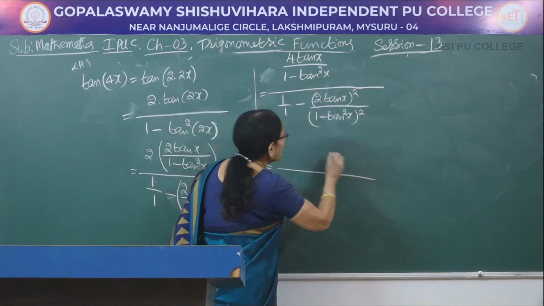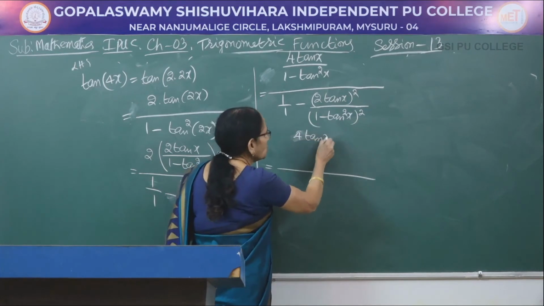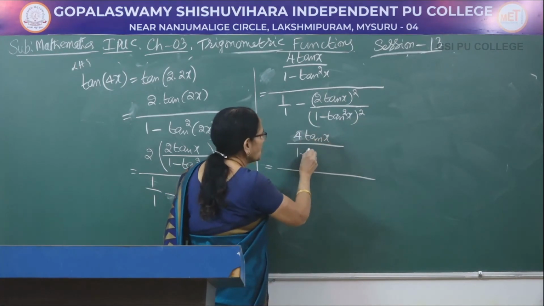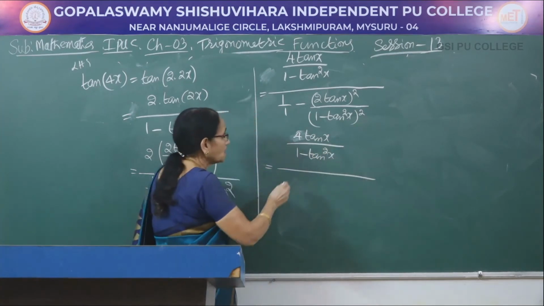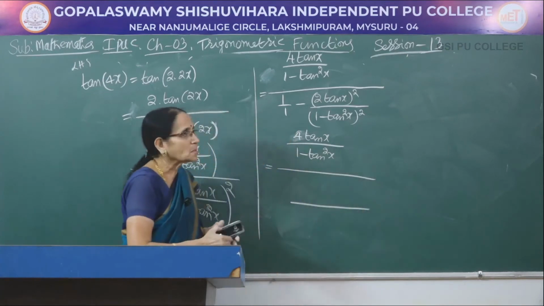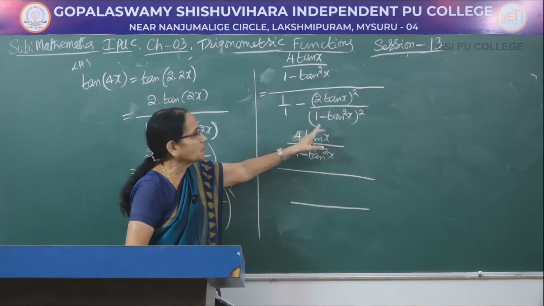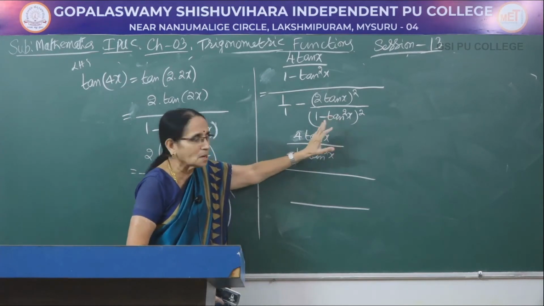So, write the numerator as it is. At present, we don't have any change. It is 4 tan x divided by 1 minus tan square x. Whereas in the denominator, we have to take the LCM. What is the LCM for 1 and 1 minus tan square x the whole square? Don't expand this one, keep it as it is.